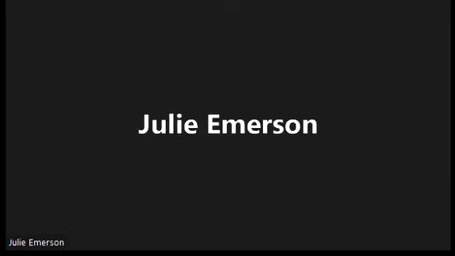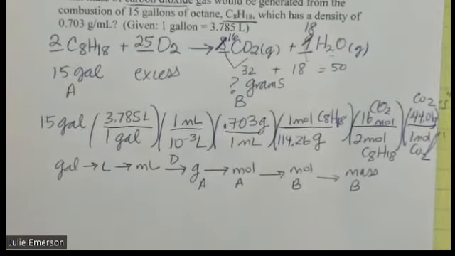Divided by 114.26 means I have about 350 moles of octane. Then if I include that mole ratio, it means I have about 2,800 moles of CO2. And then if I multiply by the molar mass of CO2, it means I have a lot of grams of CO2. All right, so I'm going to just type it in again really quick.